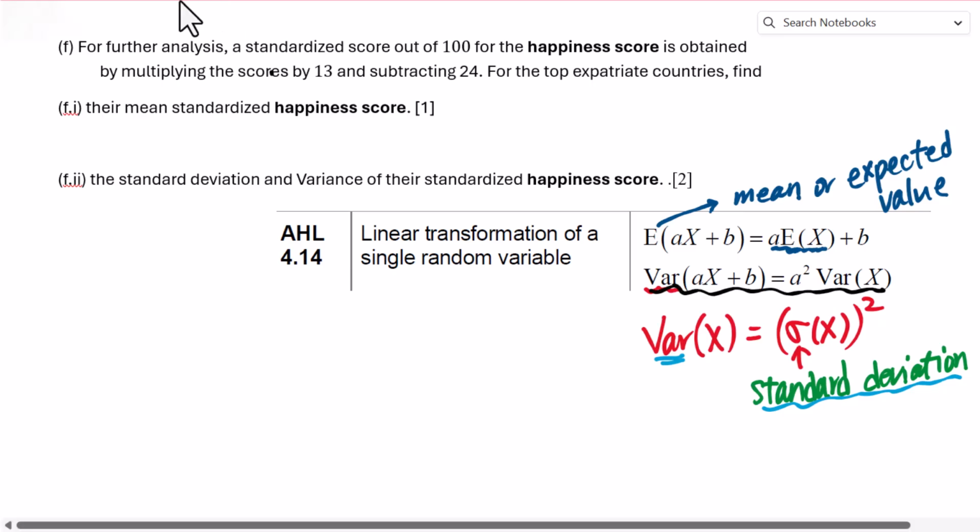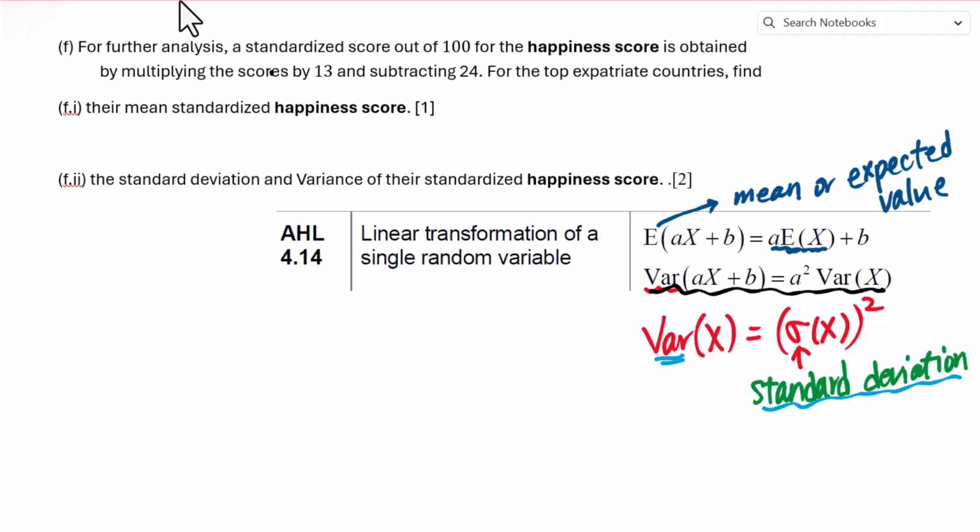From this formula, you could say variance is only affected by multiplication or division. Addition or subtraction won't affect variance. Try to remember this formula. Sigma of aX plus b equals a times sigma of X.